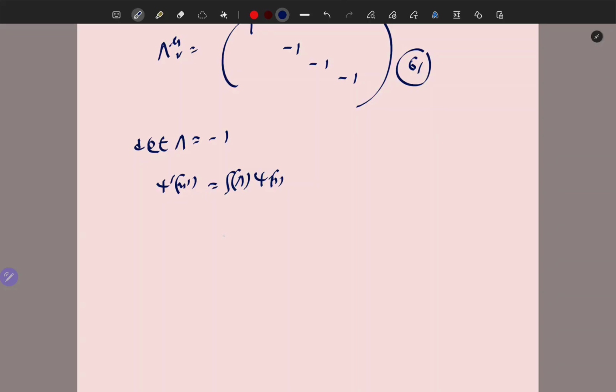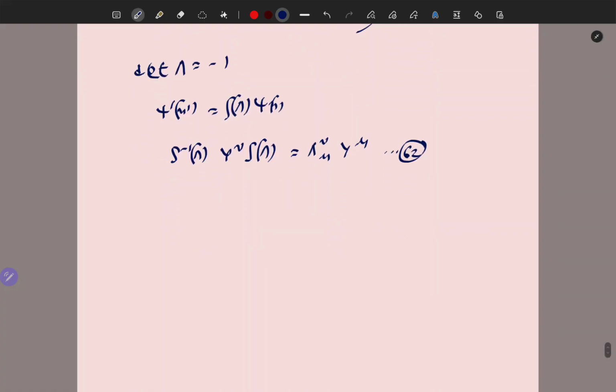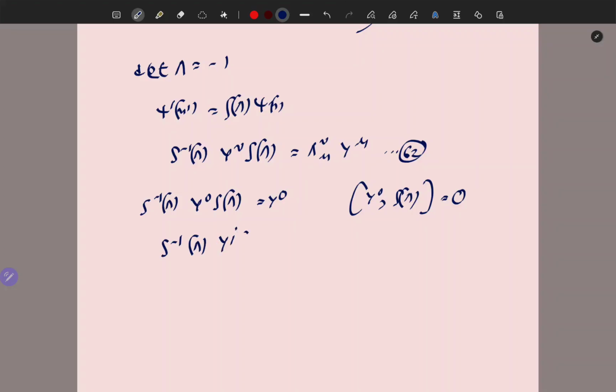For the form invariance of the Dirac equation under parity we have S⁻¹(Λ) γ^ν A_Λ = Λ^ν_μ γ^μ. This is equation number 62, which reads that S⁻¹(Λ) γ⁰ S(Λ) = γ⁰, and {γ⁰, S(Λ)} = 0, and S⁻¹(Λ) γ^i S(Λ) = -γ^i, and {γ^i, S(Λ)} = 0.